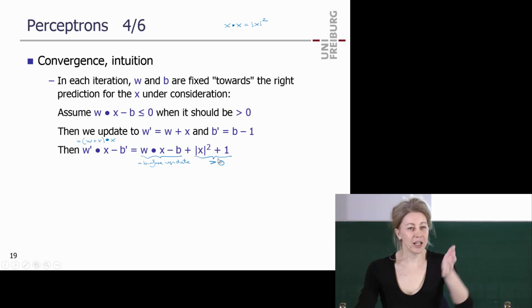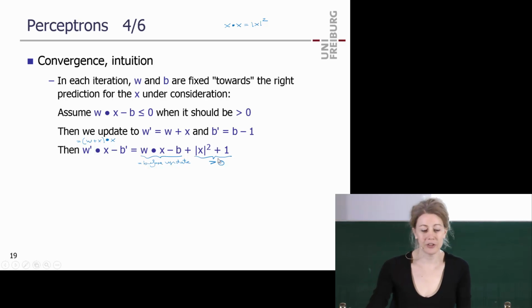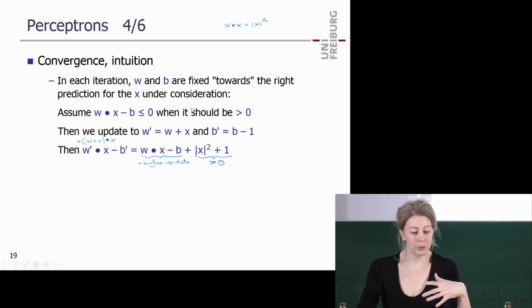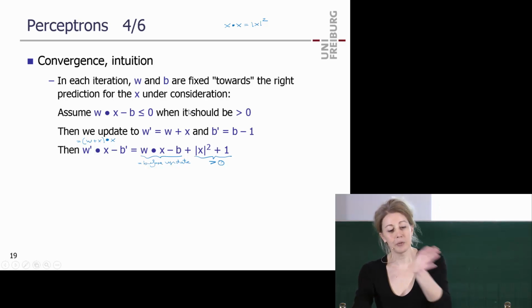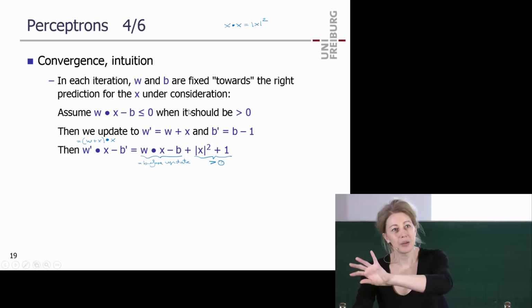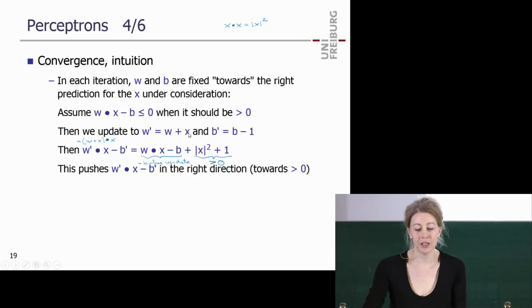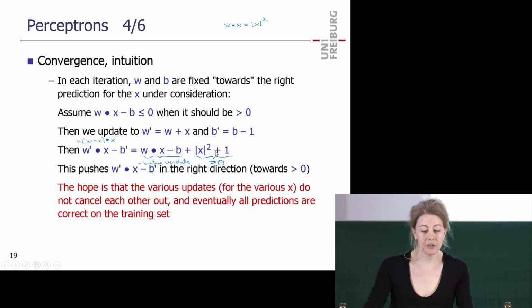If you do this enough times, it will be corrected towards this. And in the other case, it's just completely the opposite. It's the same argument, right? It's positive, should be negative, and then I'm just subtracting something. So it's going in the right direction, right? This pushes in the right direction. Not necessarily enough, but I will repeat it.